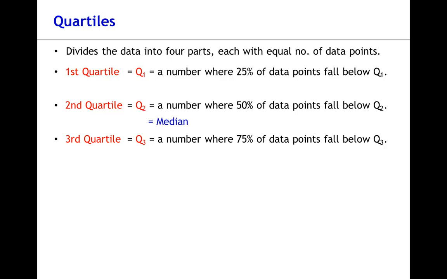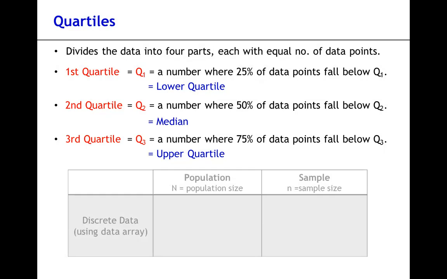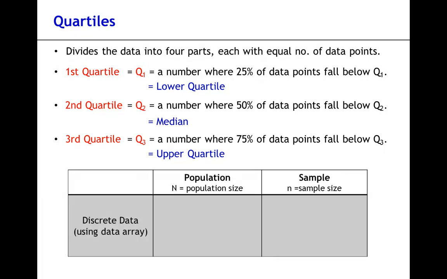The alternative name for the first quartile is the lower quartile, and the alternative name for the third quartile is the upper quartile. Given a set of discrete data array, Q sub 1 is the 1 over 4 times bracket n plus 1 value.